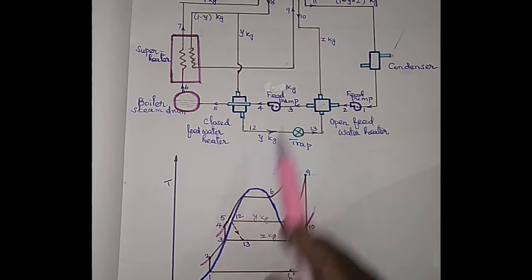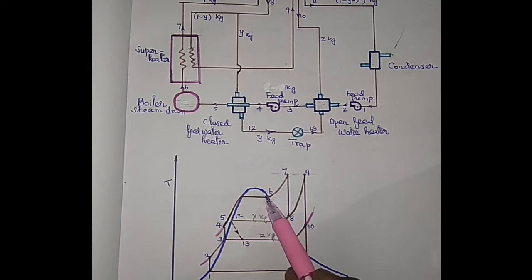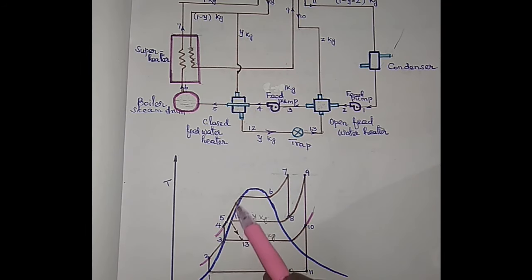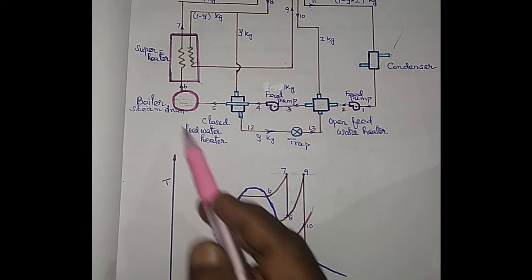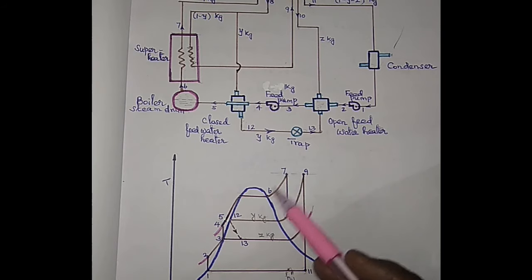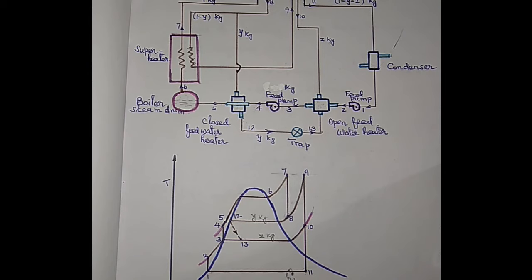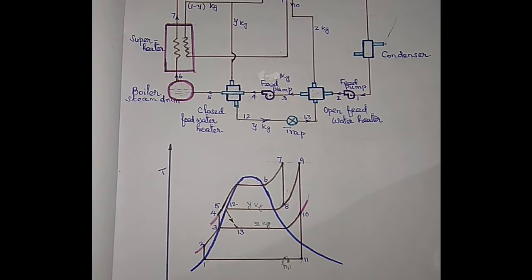Again at 3, you have one more pumping. The pressure increases from 3 to 4, and 4 to 5 the temperature increases in the feed water heating, and 5 to 6 the temperature increases in the boiler steam drum, and in the superheater the temperature increases at constant pressure. So this is how the TS diagram has to be represented.